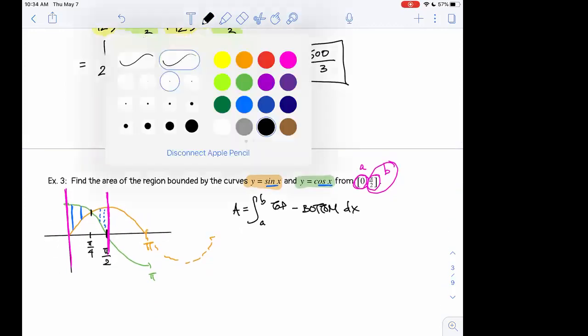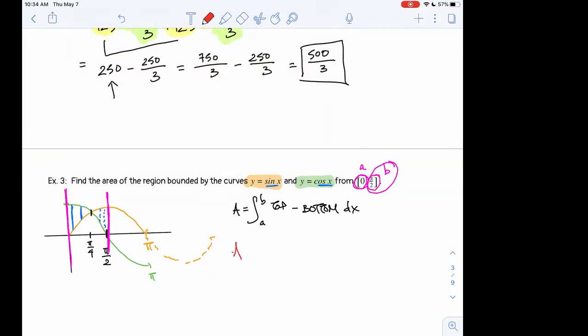Now, one thing that would be very wrong to write is this. Why is that wrong?